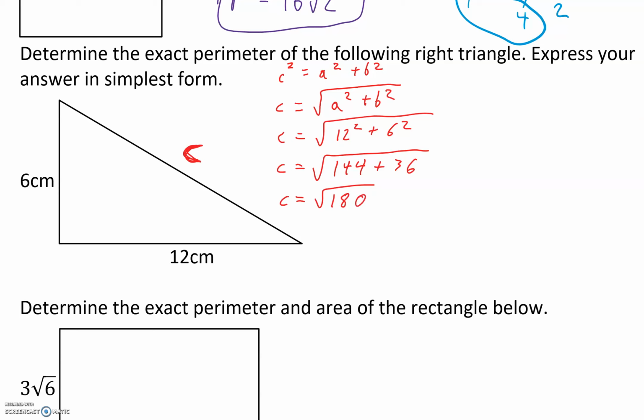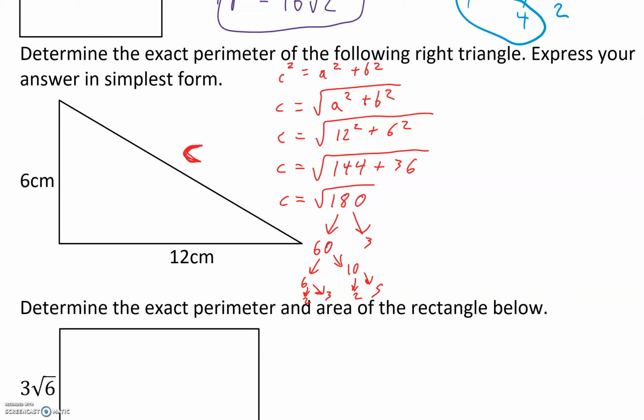And now we're going to have to simplify this. Let's just think about all the different parts it can break up into. 60 and 3, which is like 6 and 10, which is like 2 and 5, and 2 and 3.